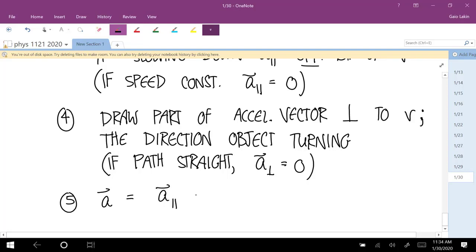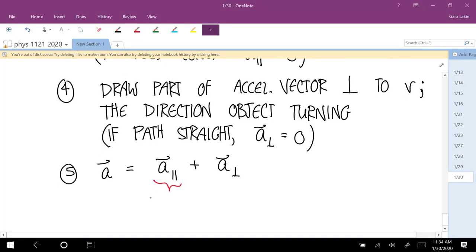So there's the parallel part and the perpendicular part. This is the one that affects speed change. And this is the one that affects turning.